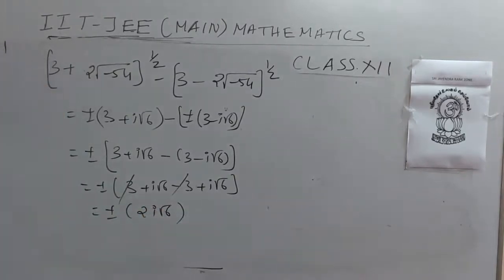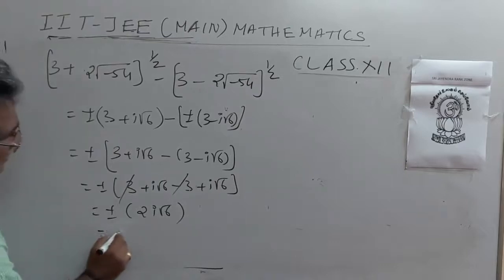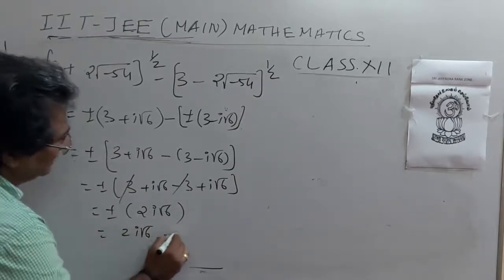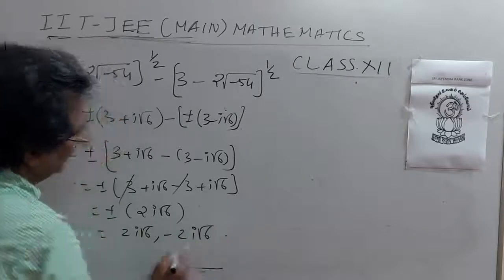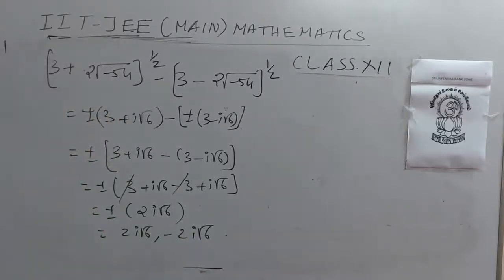Two y root 6, that is 2y root 6 as well, minus 2y root 6.